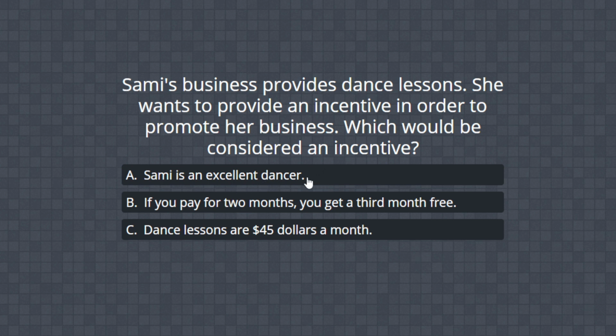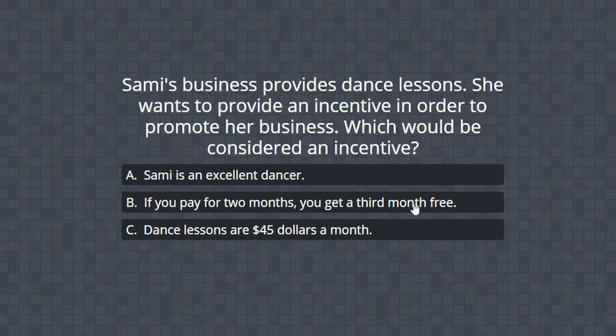A. Sammy's an excellent dancer. Well, that isn't anything to do with an incentive, because we know that an incentive is something that motivates or encourages someone to complete an action or do something. So Sammy being an excellent dancer doesn't have anything to do with an incentive.